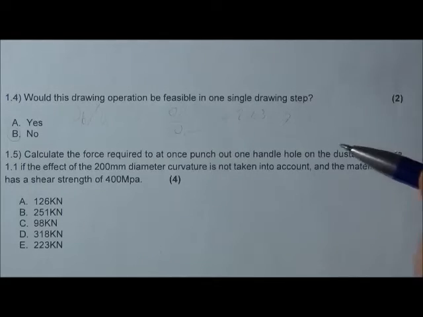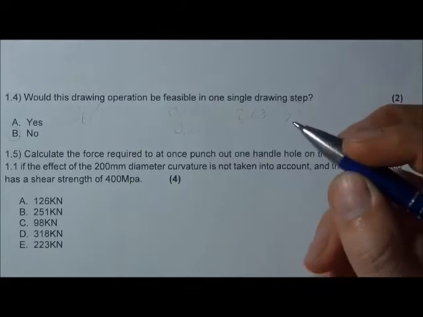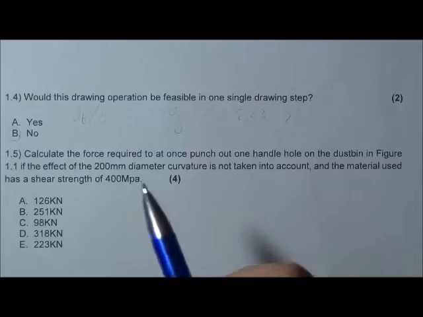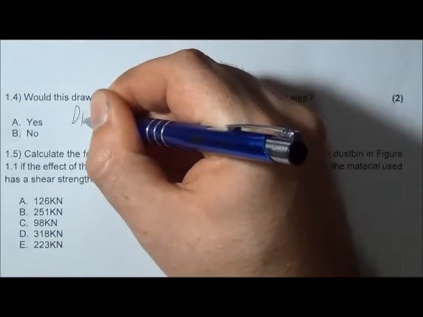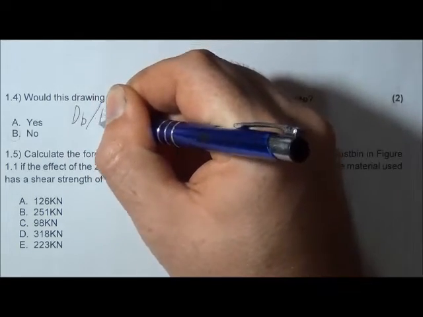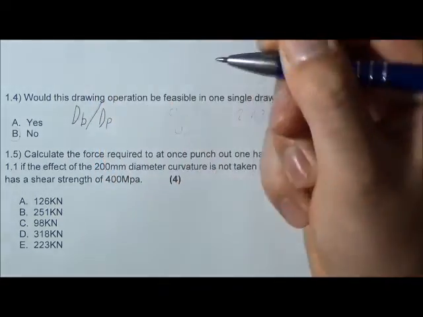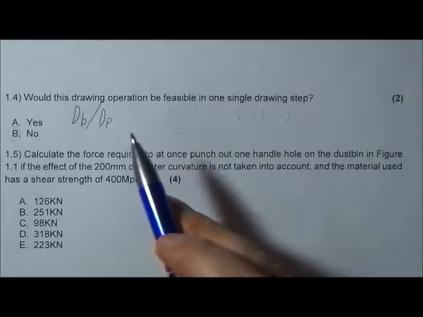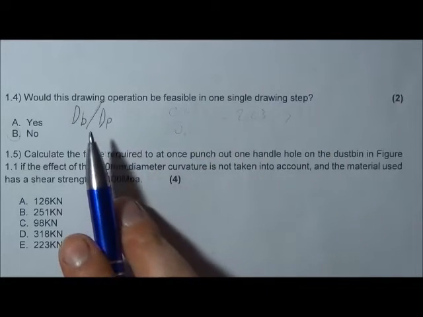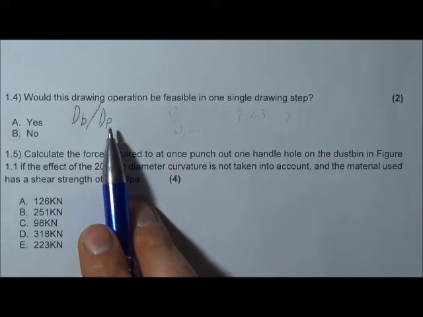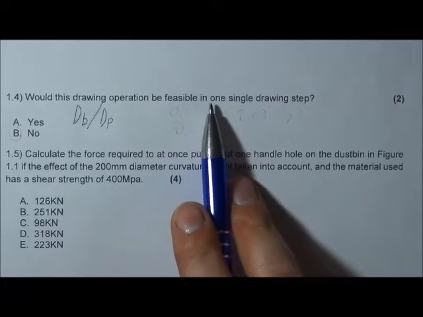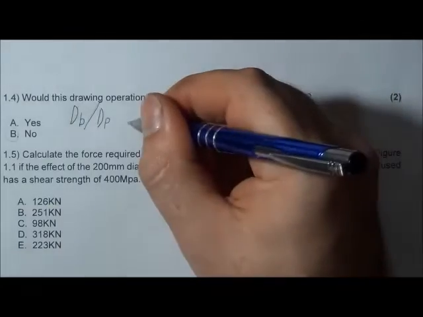So for that we need to go to our ratio of the blank diameter to the punch diameter. You'll remember there were those criteria which said dB over dP should be less than 2 for it to be feasible in a single drawing step.